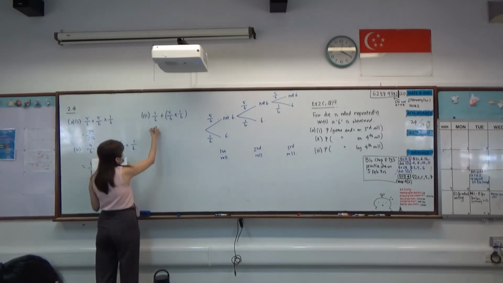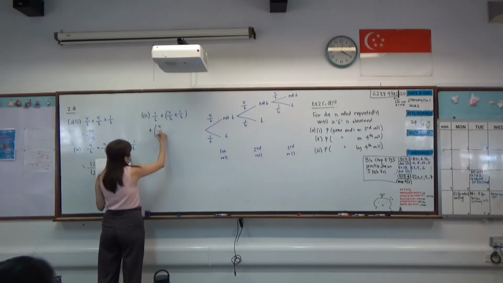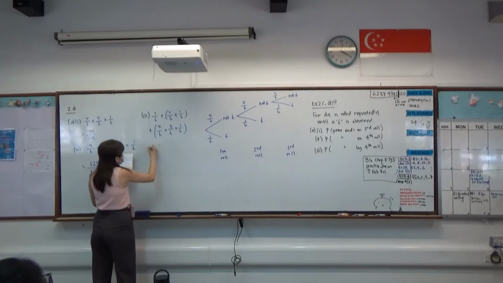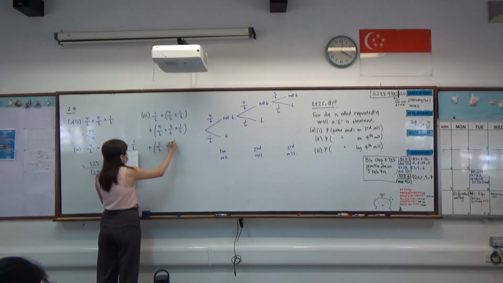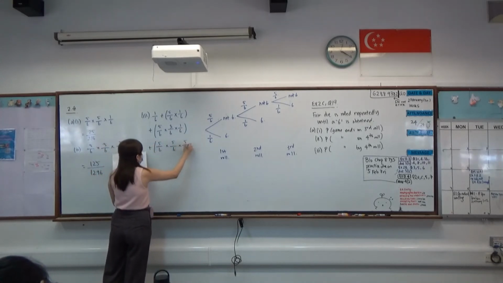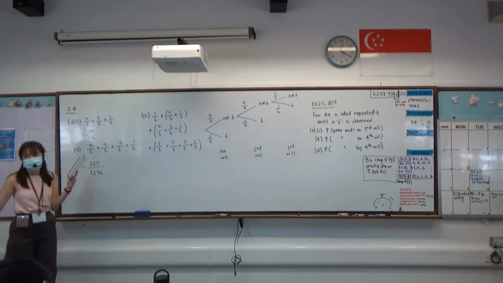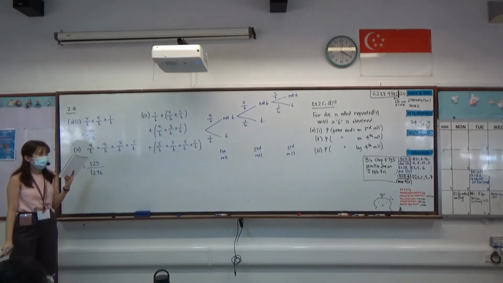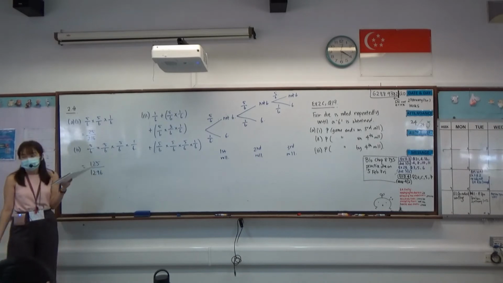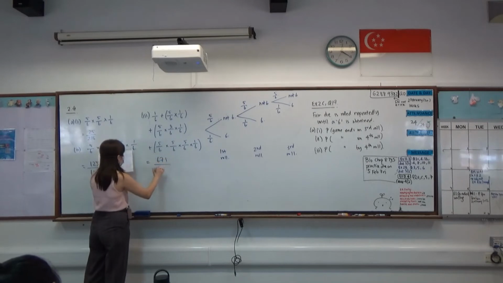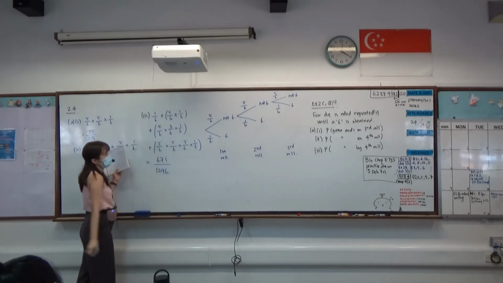Then on the third row, and then on the fourth row, in this case, you will get 671 over 1296.